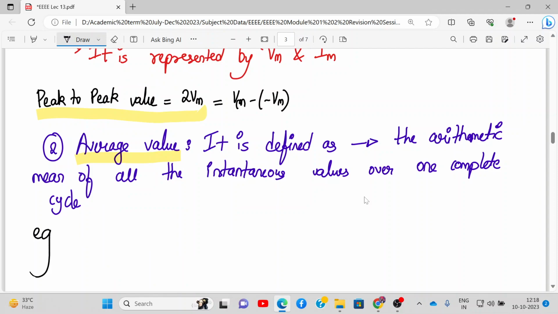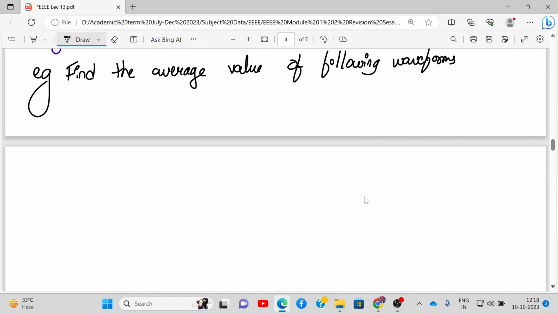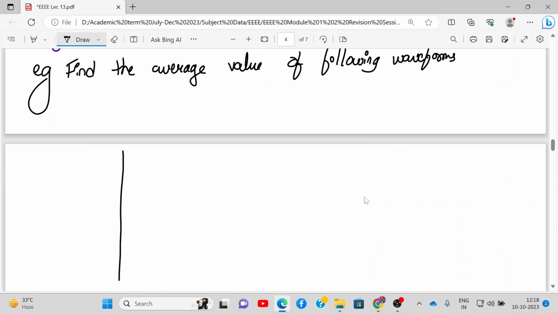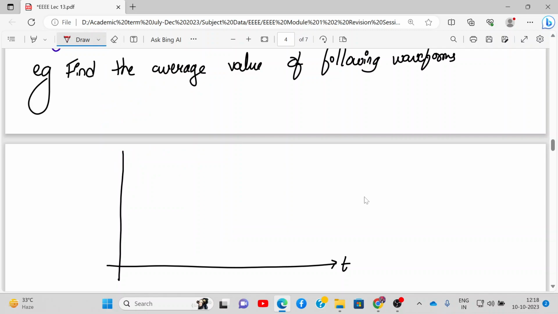Example: find the average value of the following waveform. So let's draw the waveform over here on the next page. This is my waveform. This is T. Let me use a red color to represent it.